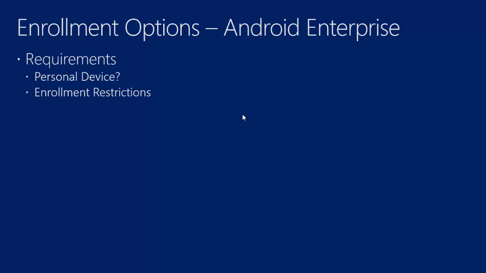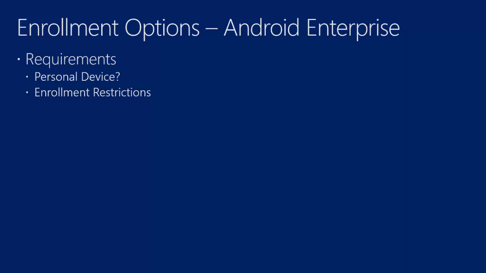You can block devices from enrolling in Android Enterprise if you want to, or you can allow all devices that support work profiles to enroll as work profile devices. That is a setting that you can choose and control. Let me show you what I mean by that. I didn't have this listed as a demo, but I want to show you so it's clear.